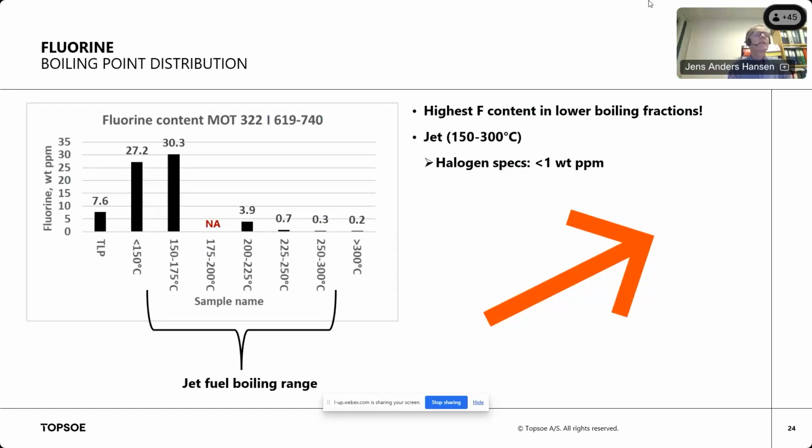And you can see that when you have a boiling point exceeding 200 degrees C, then you have a fluorine content lower than 3, in the range from 200 to 225, but higher than 225, then it was lower than 1. So you could see, well, the lighter part of the jet has a high fluorine content, but the heavier product has a lower fluorine content.